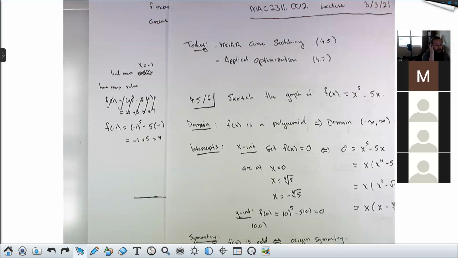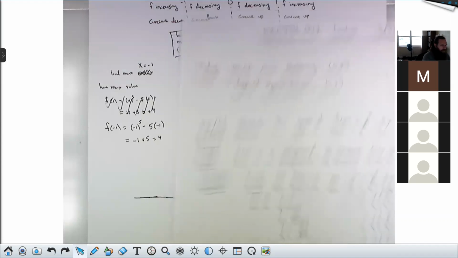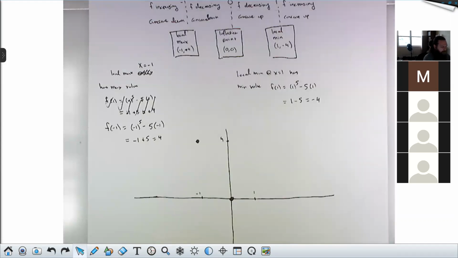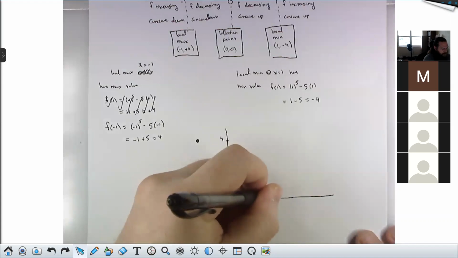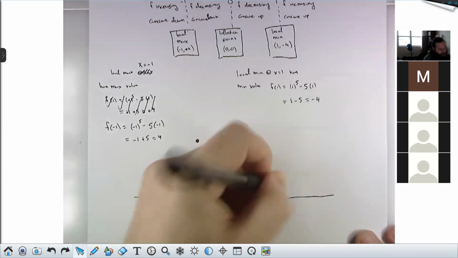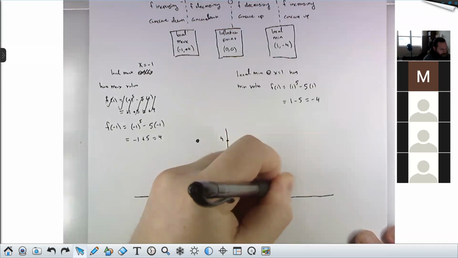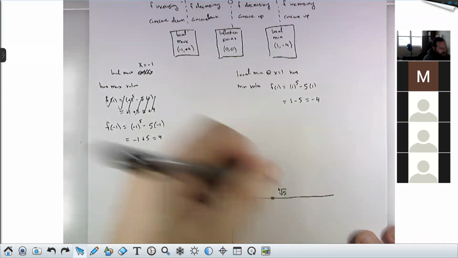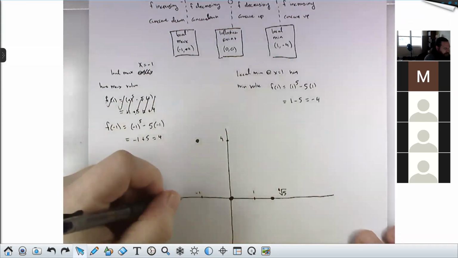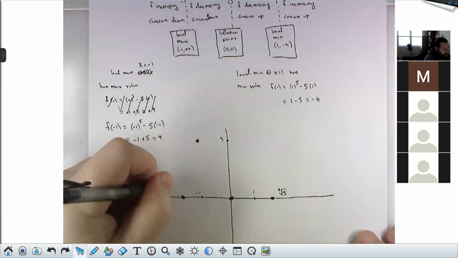So the fourth root of 5 should be a little bit bigger than 1.4. In particular, it's to the right of 1. So we'll call that here. This is the fourth root of 5. If you need to use your calculator to get an estimate for these, that's understandable.